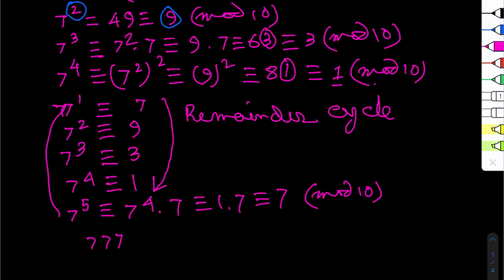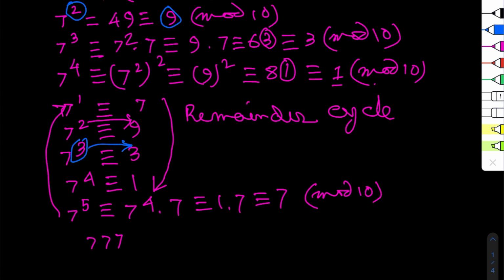We have to find out its position. If its position is 1, then it will give the remainder 7. If its position is 2, it will give the remainder 9. If its position is 3, it will give the remainder 3.